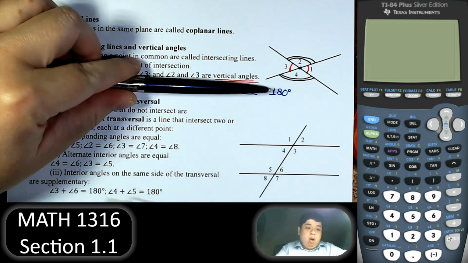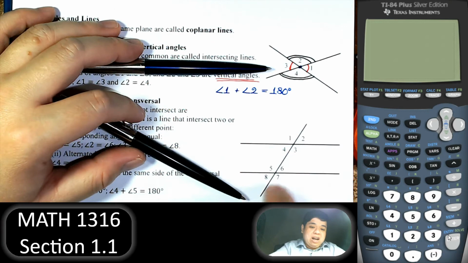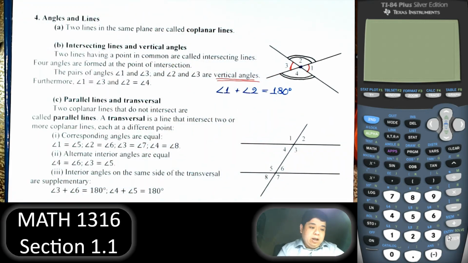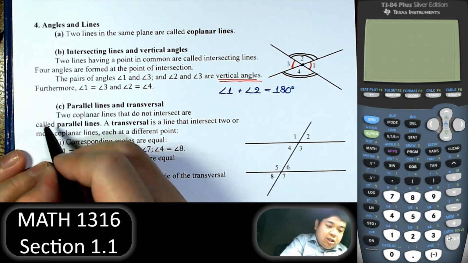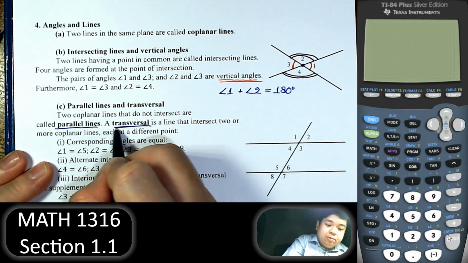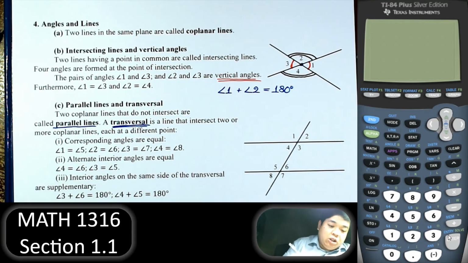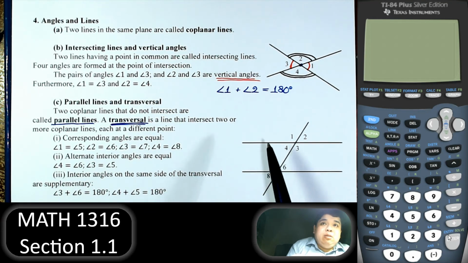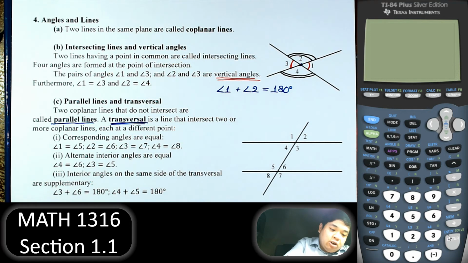Now if we have two parallel lines, and we have one line that intersects both of them, the line that intersects both of them is called the transversal. And with the transversal there, we can break it down into some relations between these angles. So first, the corresponding angles.